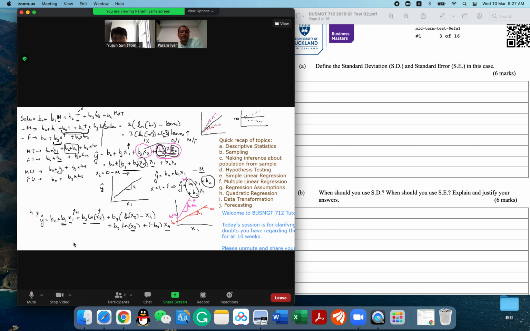Then the only difference is the coefficient for male versus female, right? But if training is provided, then there is an additional impact of this combined term which is not applicable for female but only applicable for male. Does this make sense? Okay. So in effect, when we are talking about interaction terms, what we are saying is, yes, there is an impact, but the impact changes based on another variable.